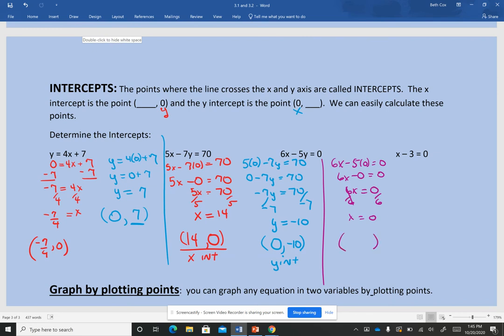So when y is 0, x is also 0. And so this is the x-intercept, and at the same time, it's going to be my y-intercept. 0, 0 is the point right in the middle where the x-axis crosses and the y-axis crosses. So I don't have to do the other one.